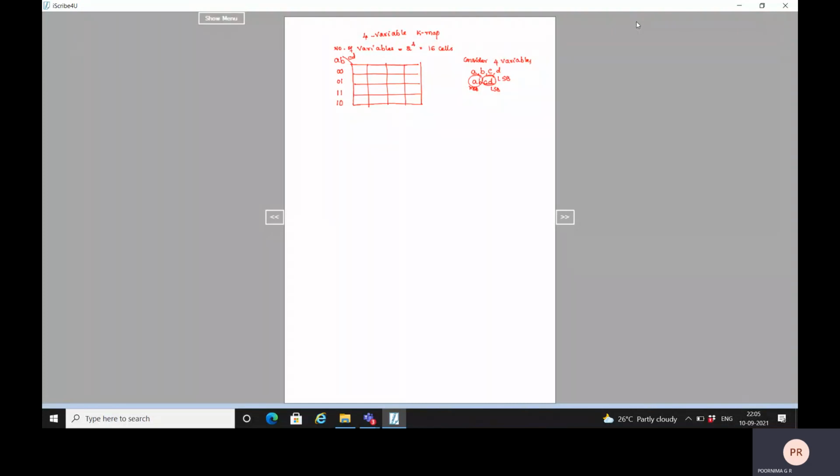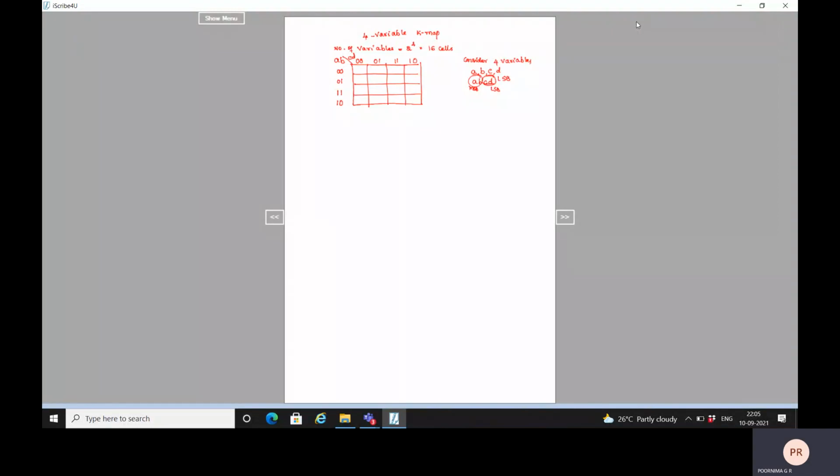So hence 00, 01, 11, 10 for all the rows. Similarly, for the columns 00, 01, 11, 10, which will maintain the redundancy principle.